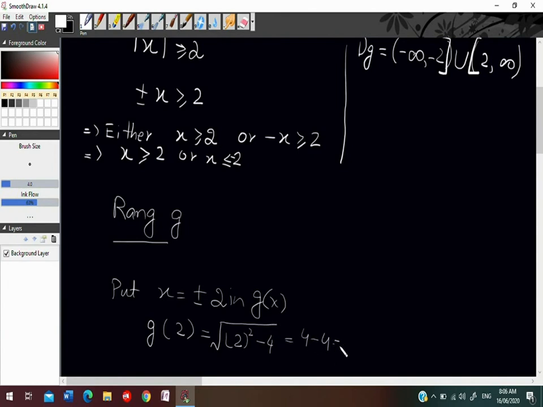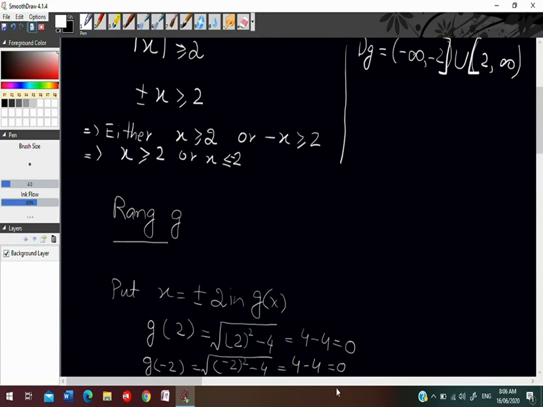Similarly, when we put another point, g of minus 2, whole square minus 4 under root, is 4 minus 4 equals 0. So for both points we get 0 as the result.